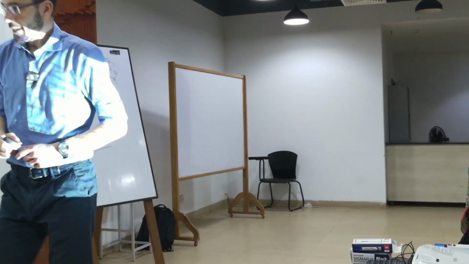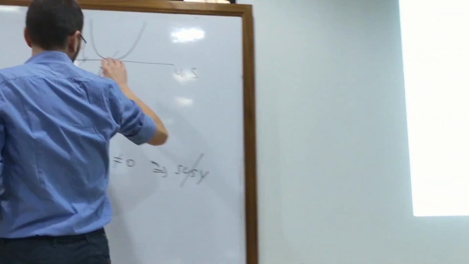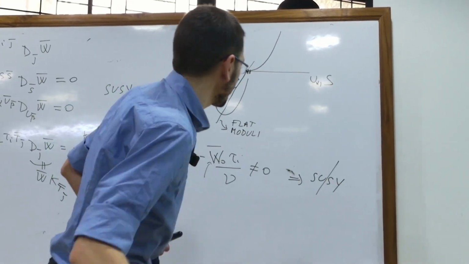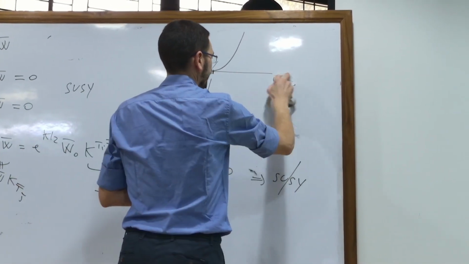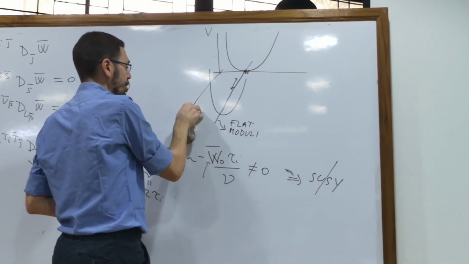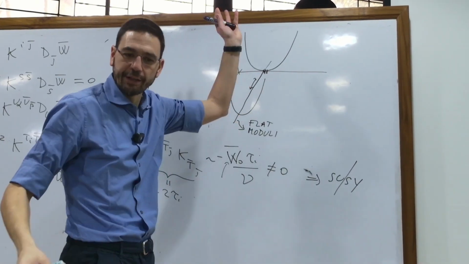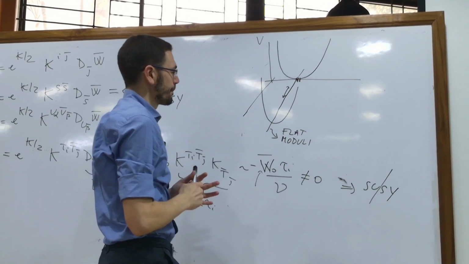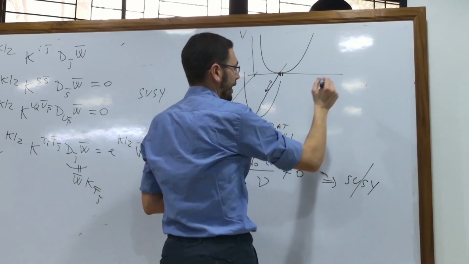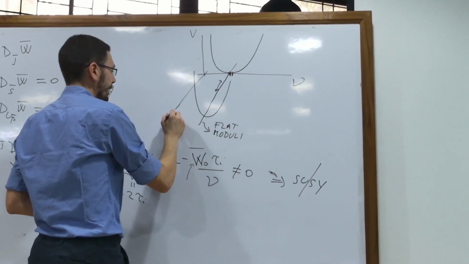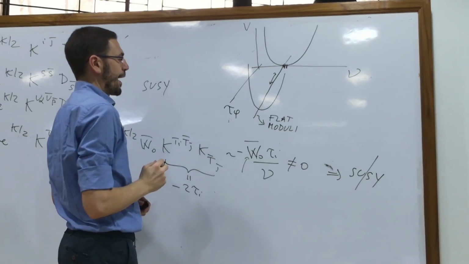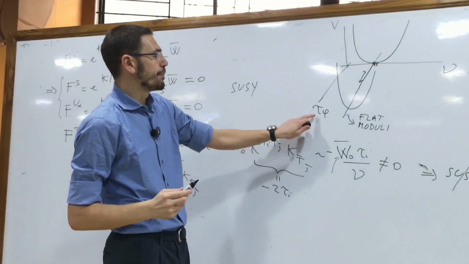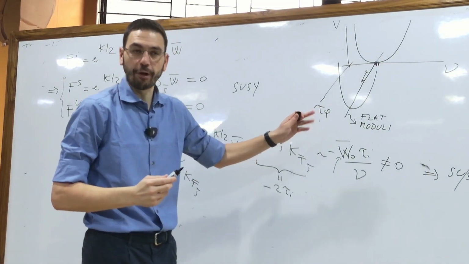So now it's a picture like this, for example, where, okay, consider that these U and S are integrated out. They are the third direction. They are fixed. So now let's say that I have the volume here, and here I have tau phi, that with this label phi means that this is going to be the inflaton, phi.